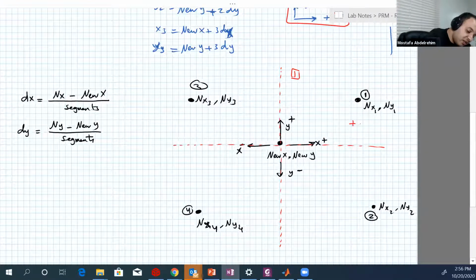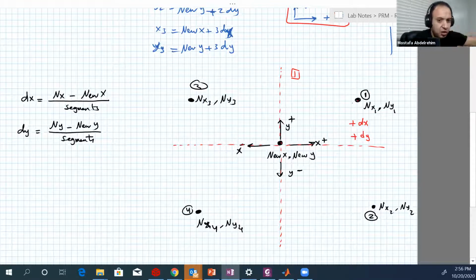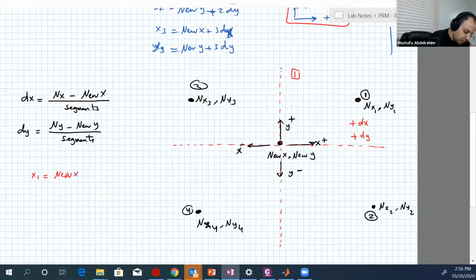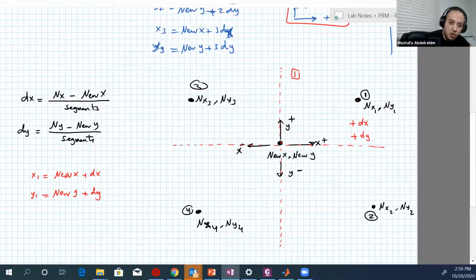Here we will add dx and we will add dy. To move from here to here, we should add to x and we should add to y. Let's check this. So the equation is x1 equal to new x plus dx, y1 equal to new y plus dy. Let's see if this is satisfied or not.